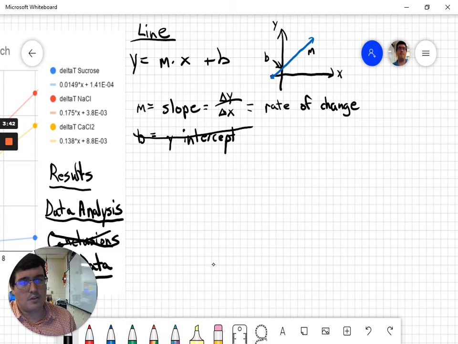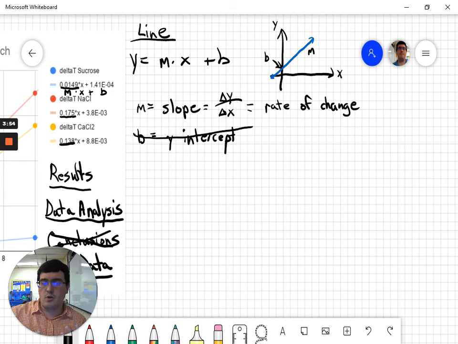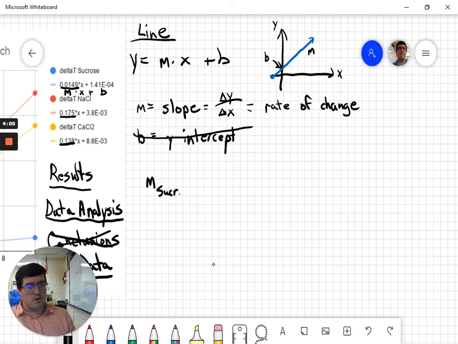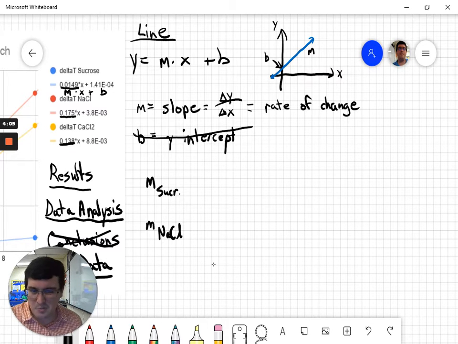So here, delta T for sucrose, this is m times x plus b. We have an m here, we have an m here, and we have an m here. So we can compare those slopes to one another, and we're going to see if there's something in that data, all right? So to do that, we are going to write down the m of sucrose. I'm going to abbreviate sucrose. We're going to write the m of NaCl, and by that I mean sodium chloride.